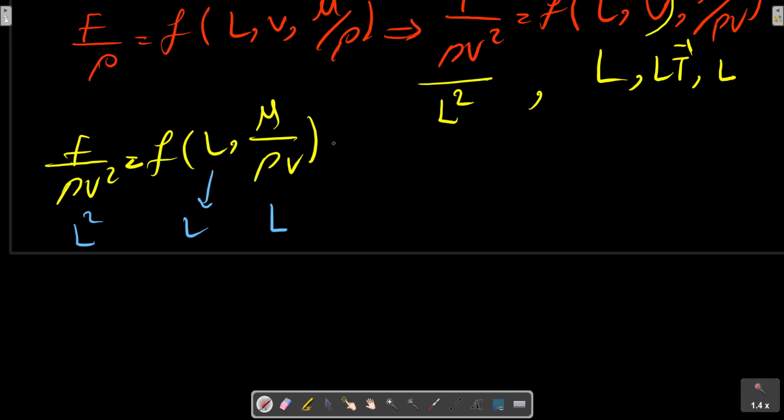The result is given for F over rho V^2. To obtain a non-dimensional form, we should divide by L^2, and in the function, to eliminate L, we should divide by L.